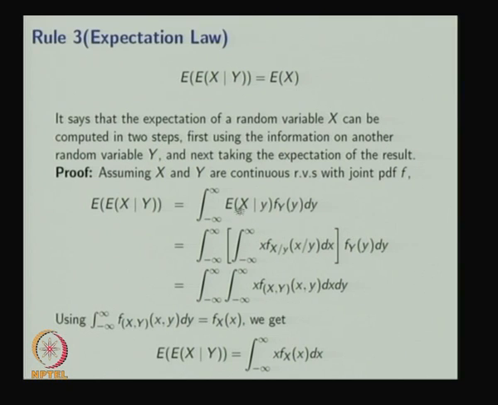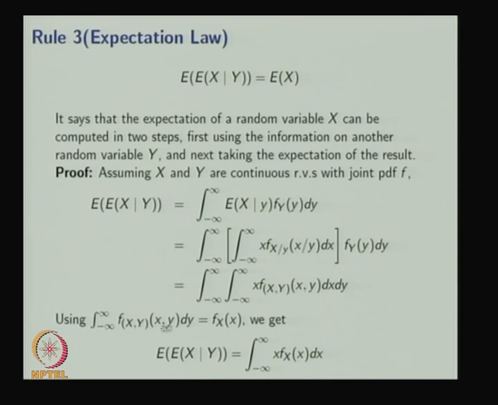And by definition the conditional expectation is nothing but the integral of x times the conditional probability density function, with respect to x between the limits minus infinity to infinity. So you substitute that. Now you can come to the conclusion that the integration from minus infinity to infinity of the joint probability density function of x and y is nothing but the marginal distribution.